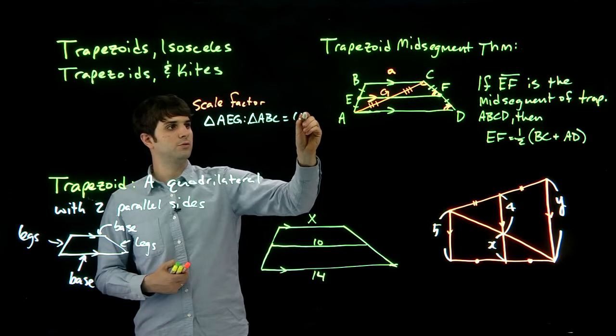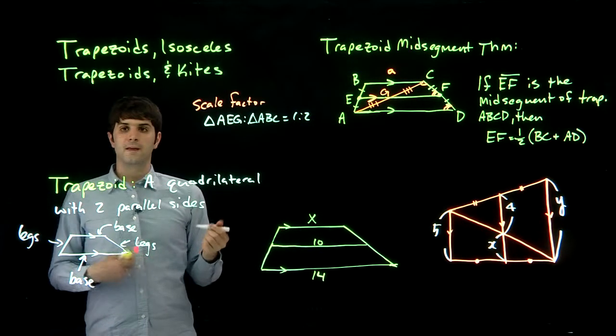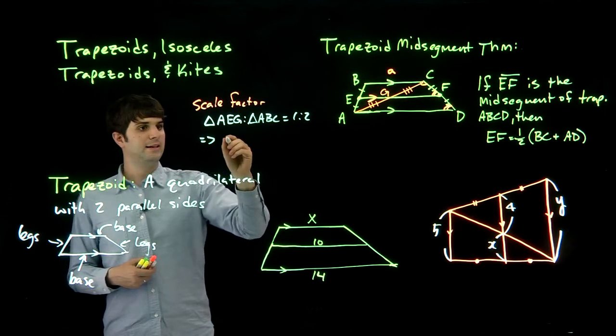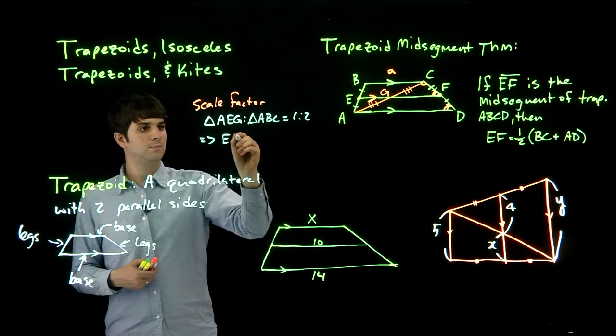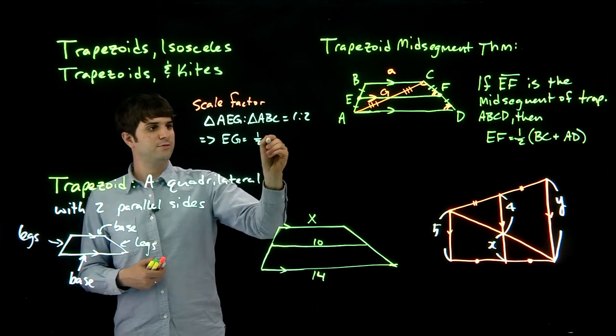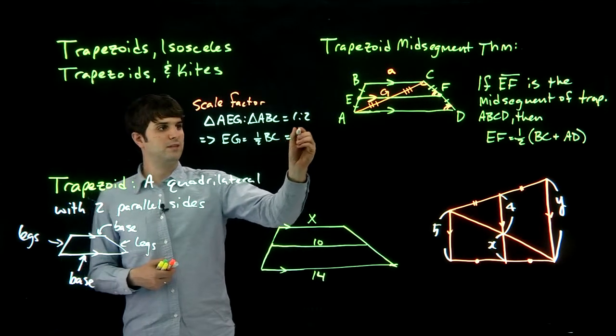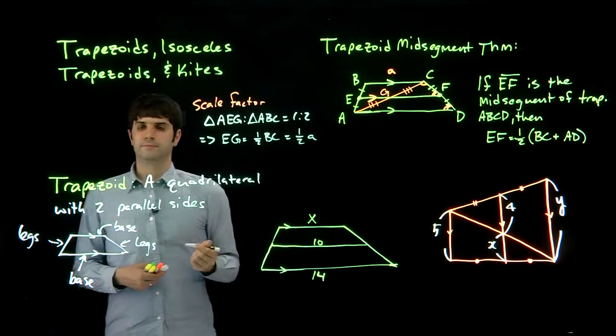So if that's 1 to 2, therefore EG equals 1/2 of BC. In other words, that equals half of A.